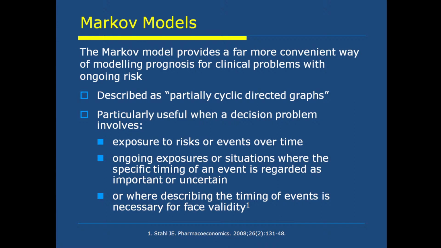They are described as partially cyclic directed graphs, particularly useful when the decision problem involves exposure to risk or events over time, ongoing exposures, or situations where the specific timing of an event is regarded as important or uncertain, or where describing the timing of an event is necessary for face validity.